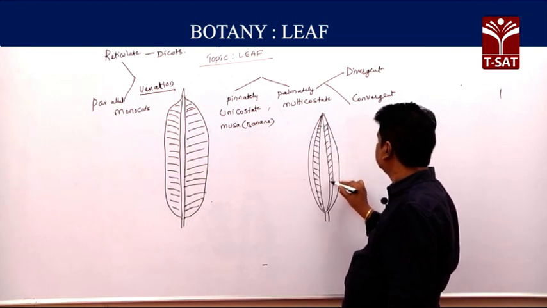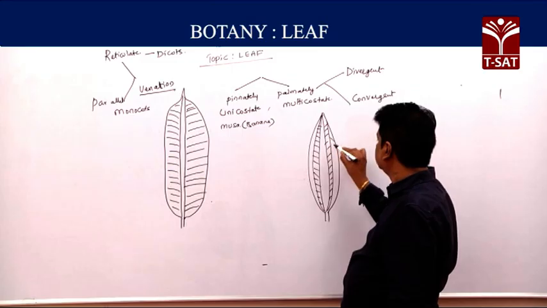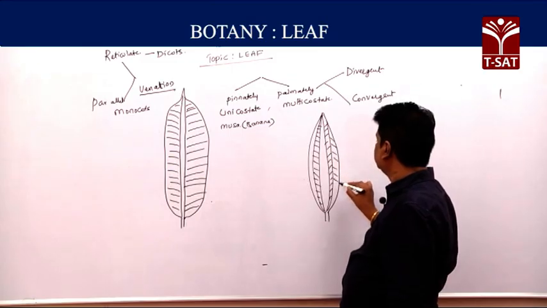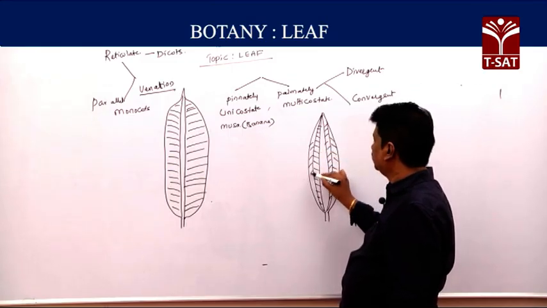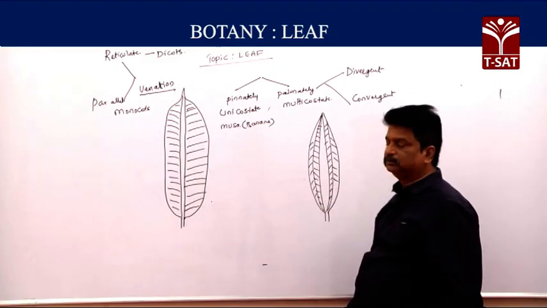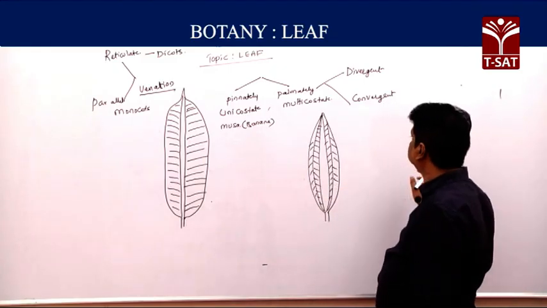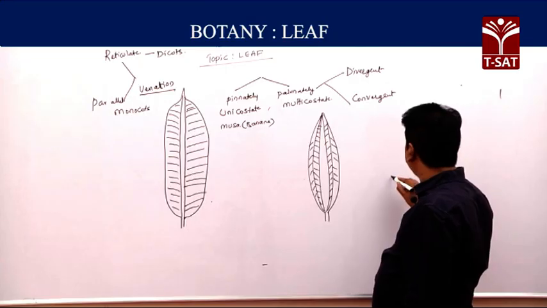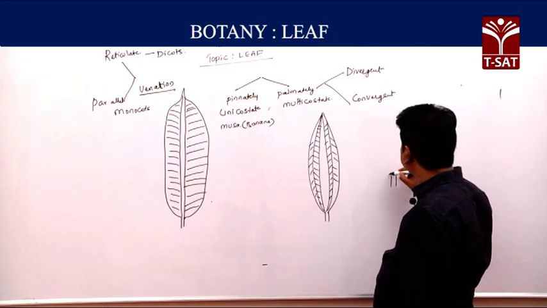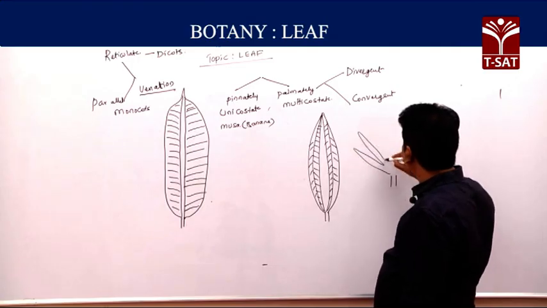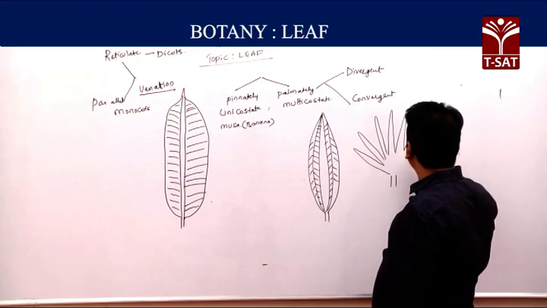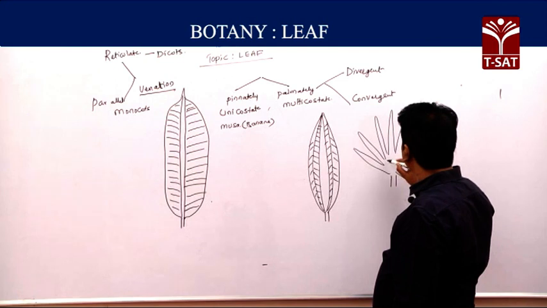It is common in grasses like rice, belonging to the Poaceae family. And second one, if the leaf lamina is lobed, all these midribs diverge, but they give lateral veins in a parallel type.